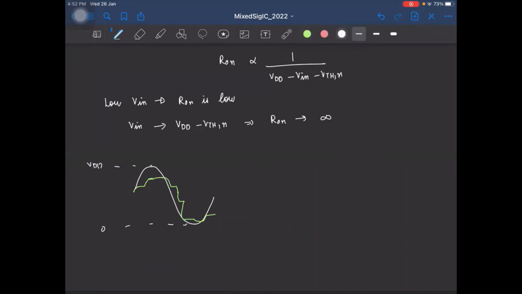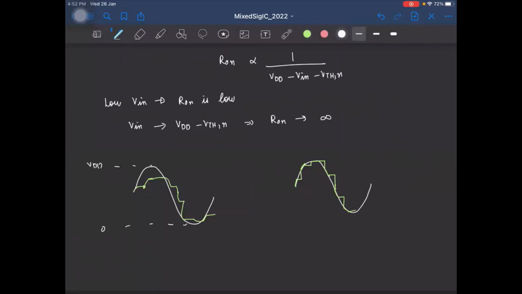And from this, you can clearly see that the samples you get from the signal will be completely distorted, because ideally you expect the output to be this. This is how it should ideally have looked.